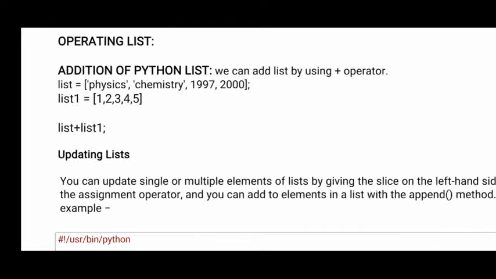One is list and the second one is list1. You see list plus list1. So all the elements are added and printed. So what will be your output? Physics, chemistry, 1997, 2000, comma 1, comma 2, comma 3, comma 4, comma 5. That's it. So using the plus operator, you can add the elements of lists.